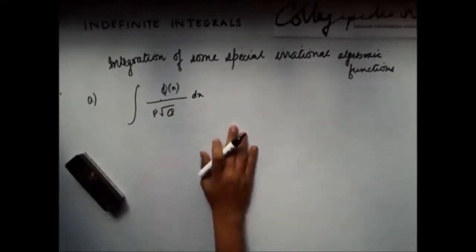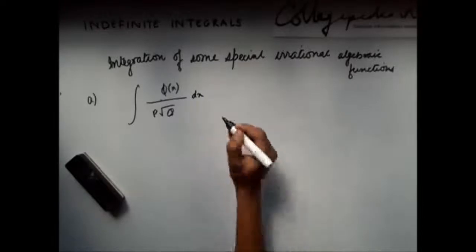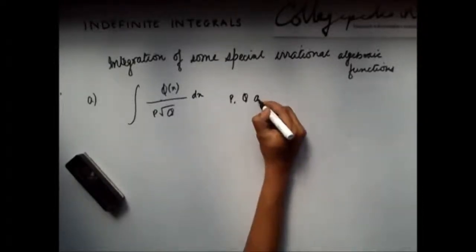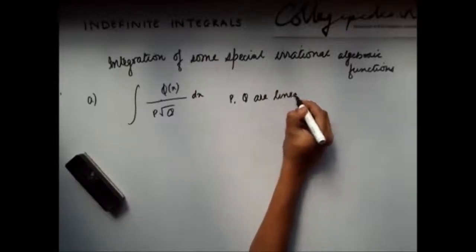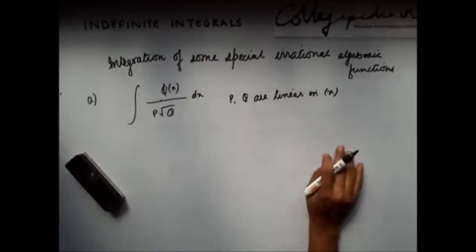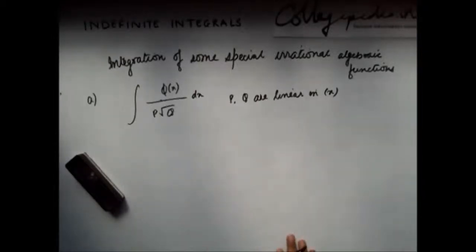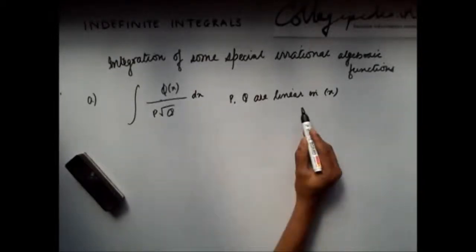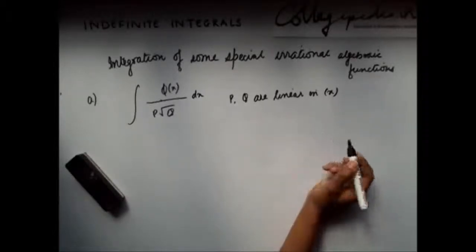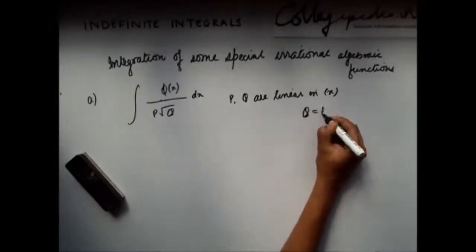So let's say we have an integral of this form where p and q are linear functions in x. Now if we have an integral of this form where p and q are linear in x, then what we will do is we substitute q as t square.